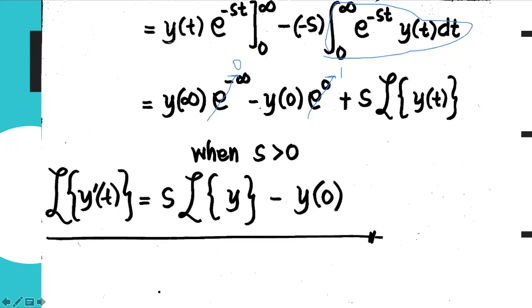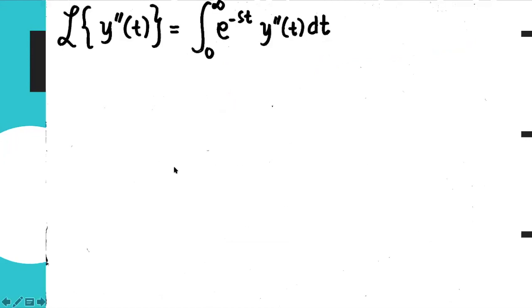Question? So now let's proceed to the second derivative. You want more? I'll give you more. So now let's determine the Laplace of the second derivative of y with respect to t, y as a function of t.